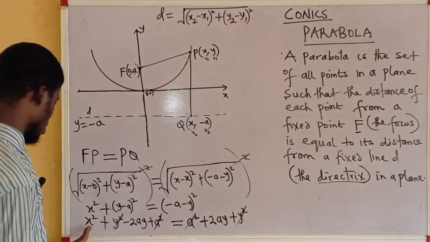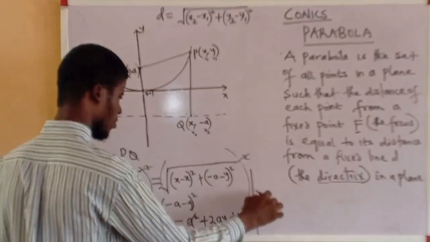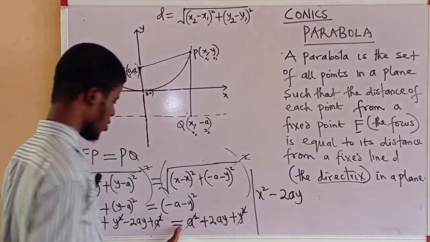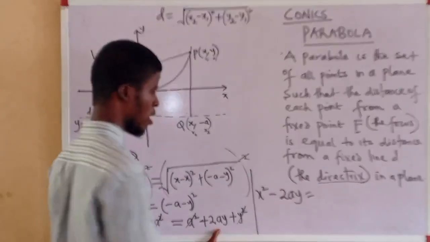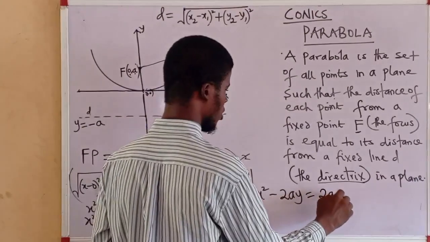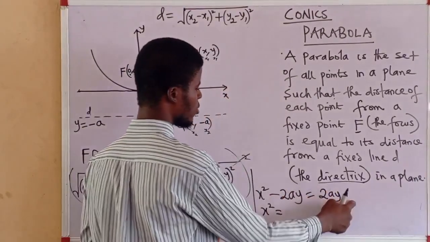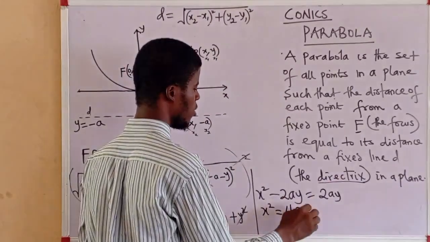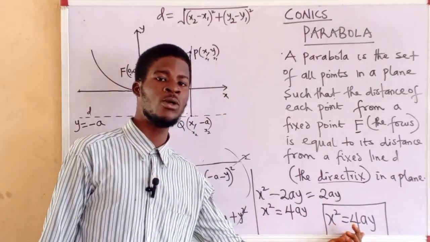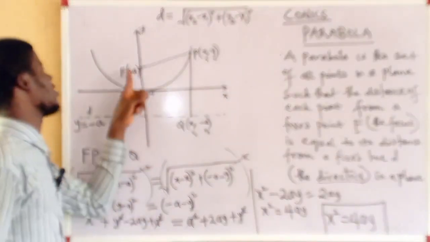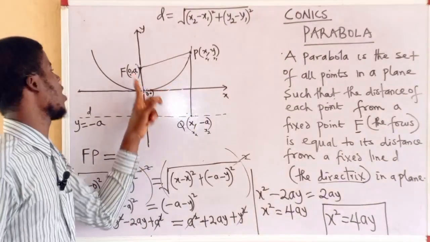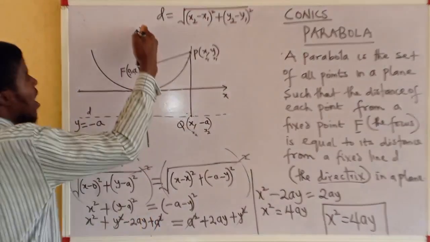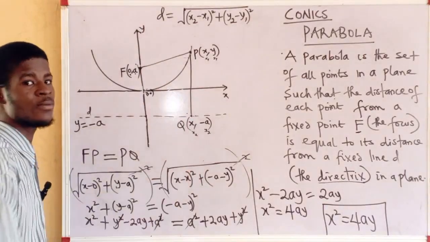So what do we have? x squared minus 2ay is equal to 2ay. If this minus 2ay crosses over, it turns to plus 2ay. So 2ay plus 2ay is 4ay. This is the equation of a parabola that has this point as the focus, the vertex at the origin, and the y-axis as the axis of symmetry.